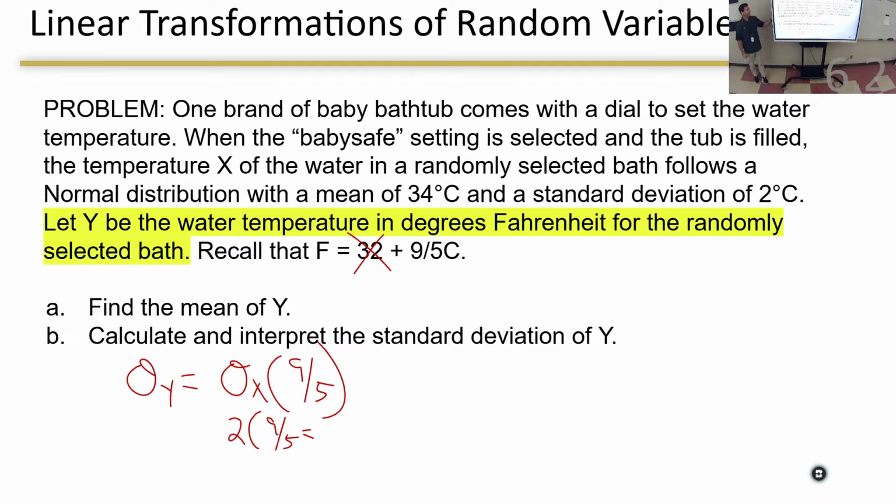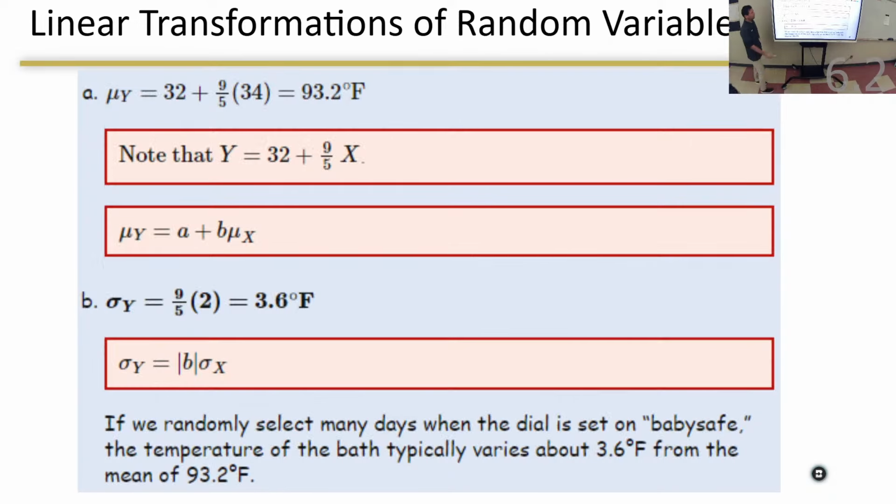Interpret that. The temperature of the water typically deviates, whatever that is, from the mean. 93.2 is what you'll get there, 32 plus 9/5 of 34. The standard deviation you'll get is 3.6, 9/5 times 2.